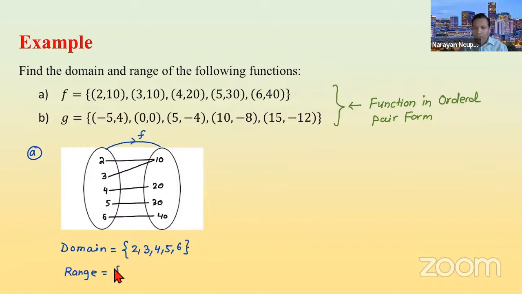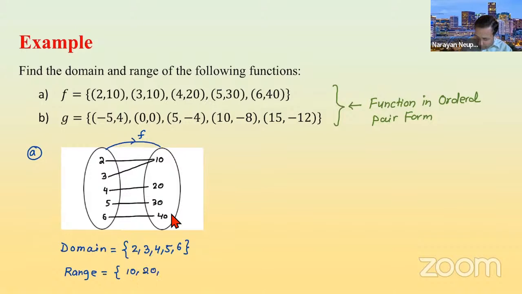Let's write range here. Diksha, could you please unmute yourself and tell me what is the range? The range is 10, 20, 30, and 40. Very good. So the range will be 10, 20, 30, and 40.